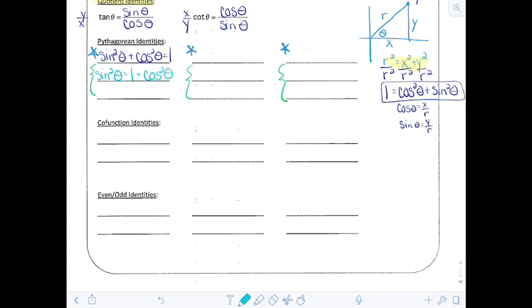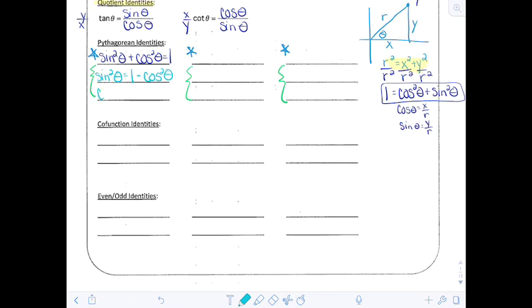And remember, subtraction is not commutative. Order absolutely matters. So 1 minus cos squared is equal to sine squared. And if I solve for cosine squared, I could say that cosine squared theta is equal to 1 minus sine squared theta. So there's one Pythagorean identity written 3 ways.